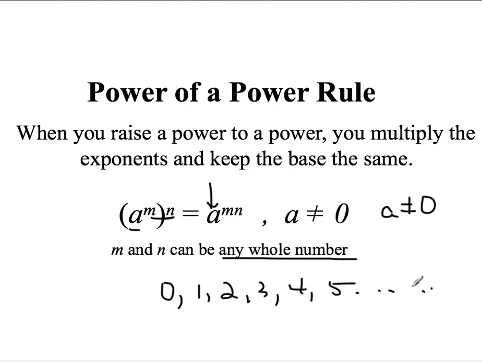So they have to be positive numbers, and it can also be 0. In Math 10 Common, you're going to be dealing with negative integers, and I'm not sure which level you do, but you will also be dealing with fractional exponents as well. But just for grade 9, you're only going to be dealing with exponents that are 0 and up, and they're all going to be whole numbers.